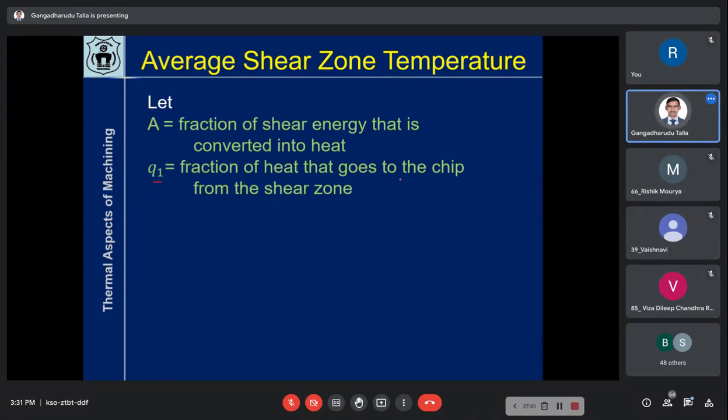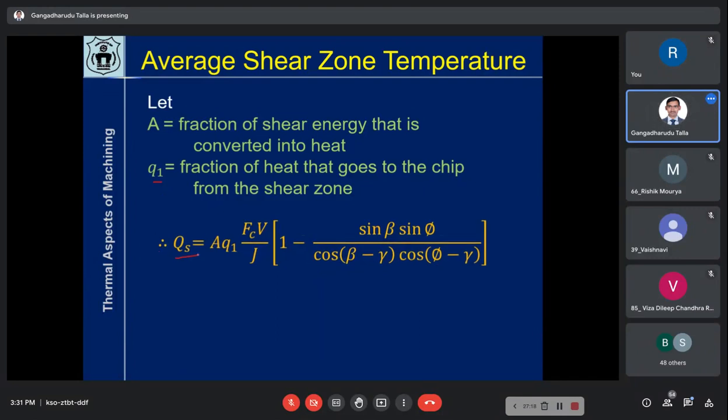From the shear zone, Q1 portion is going with the chip. The remaining will stay with the workpiece. If those are the assumptions, you can write Qs as this: A Q1, the fraction of shear energy that is converted to heat, and the fraction that is going into the chip from the shear zone, and the remaining is as it is.